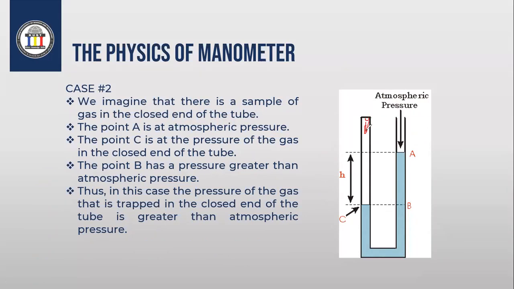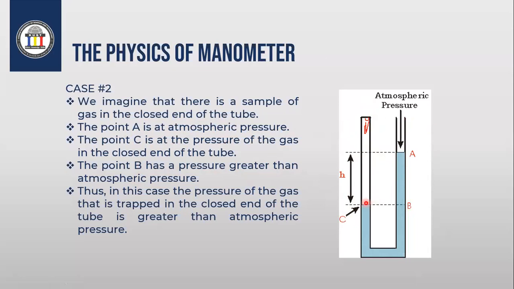What will you expect? We will expect that point A is at atmospheric pressure. The point C is the pressure of the gas in the closed end of the tube. The point B has a pressure greater than the atmospheric pressure.